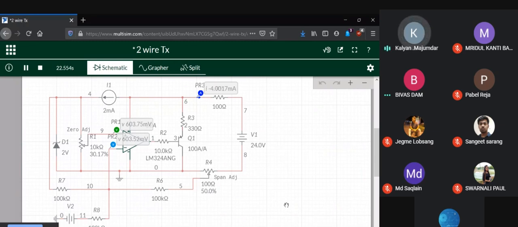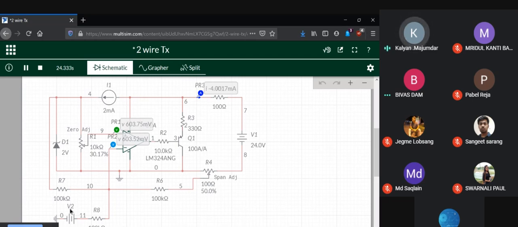So it's back to 4.00, and I'm not considering the third and fourth decimals. So 24 volt supply, and the loop resistance is 100 ohms. Remember, this 100 ohm is outside the box. The 100 ohm and the supply are outside the box, and the rest is inside, forming the so-called two-wire V-to-I converter or two-wire transmitter.